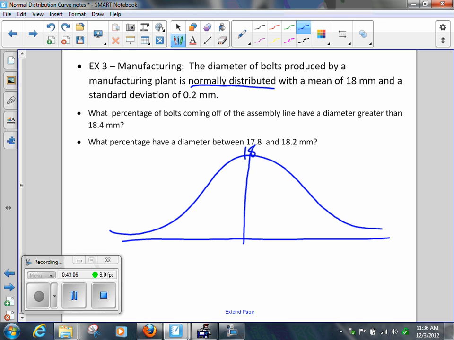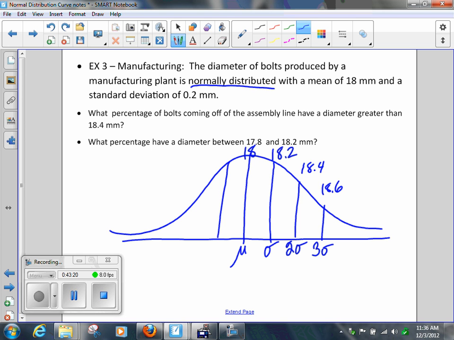Standard deviation of 0.2, so that's going to give me 18.2 is one standard deviation, 2 standard deviations, 18.4, 3 standard deviations, 18.6. Do you guys agree? 17.8, 17.6, and 17.4.